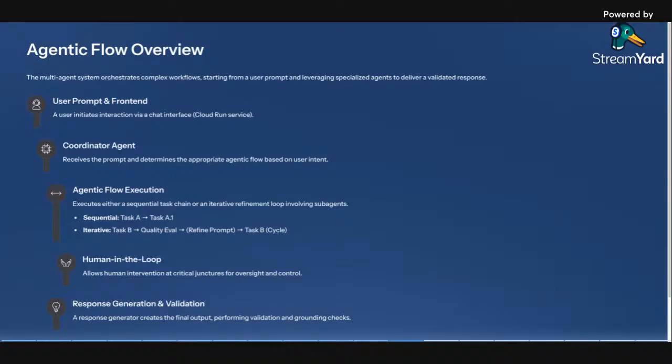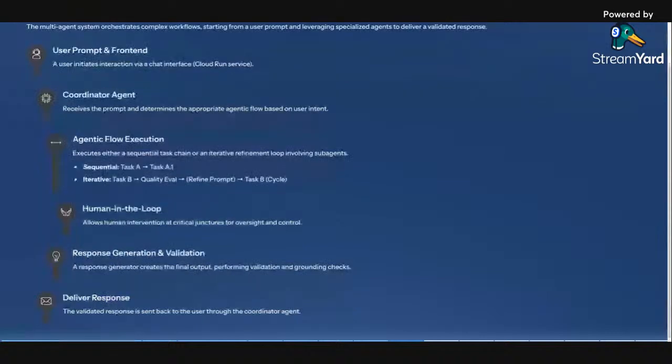And we also need to consider the response that it will generate so that we can validate the output. The response generator basically creates a file output, and through that we can perform validation and checks.